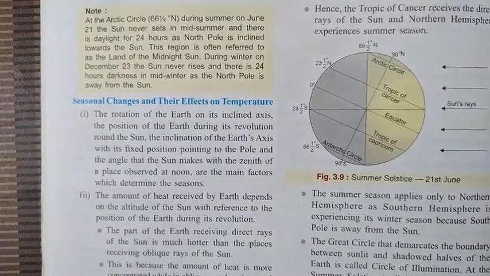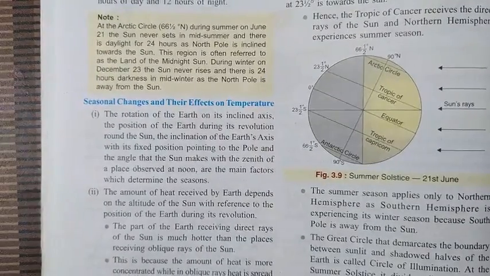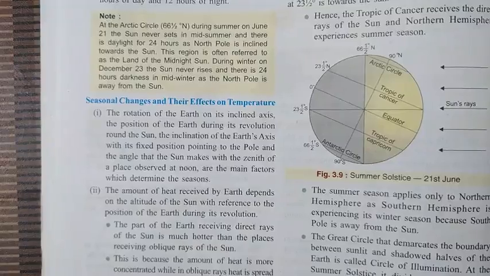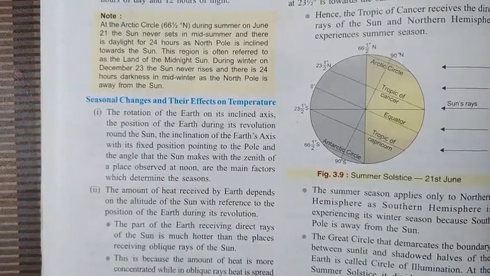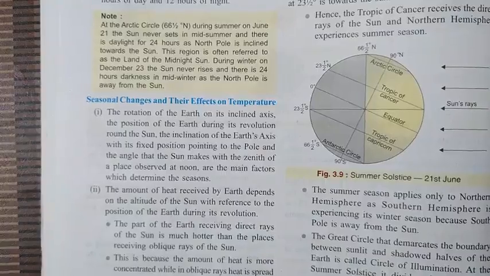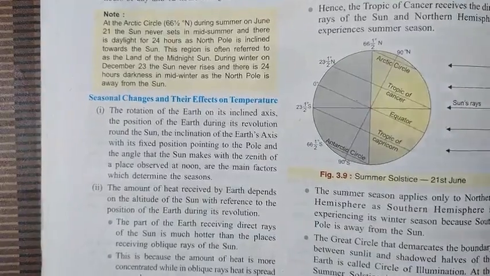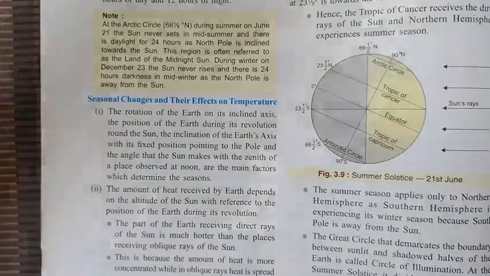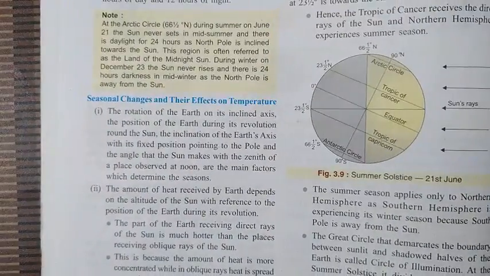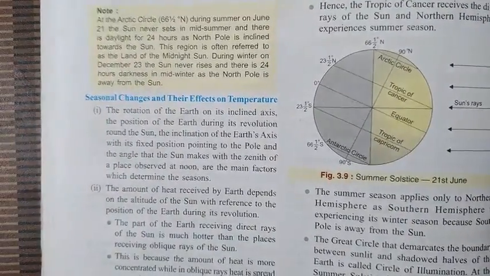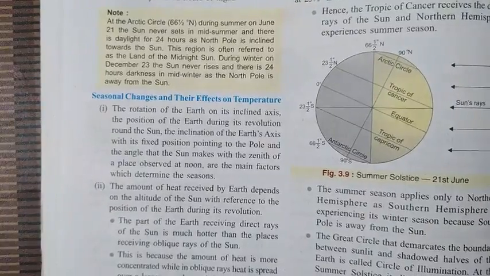This is why during the summer season the sun rays are very vertical, so they are very intense, and that's why the temperature is so high. While in the winter season, the sun rays form slanting rays, and because of that they are not so intense, and you can see the temperature is cooler during winter.